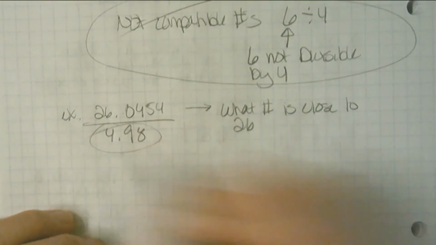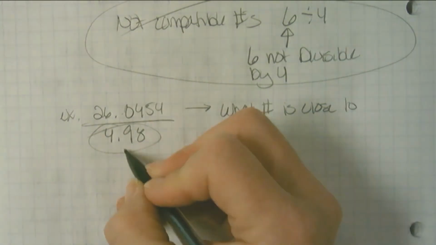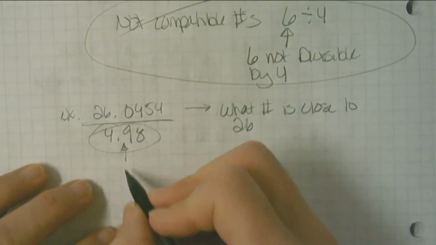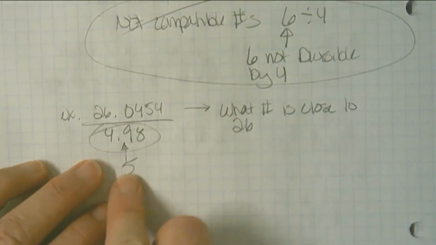Because if I take a look at that 4.98, what number is really close to 4.98? Frankie? 5. So this is what I'm going to change my 4.98 to.